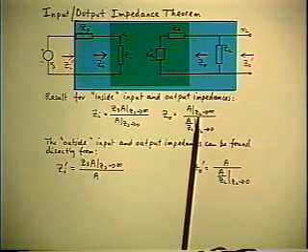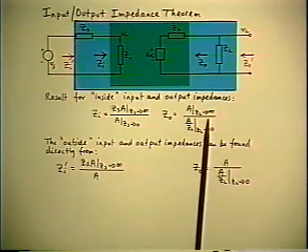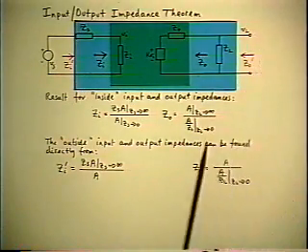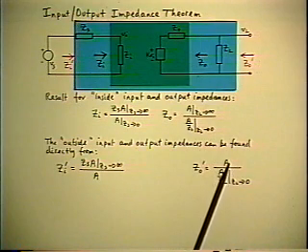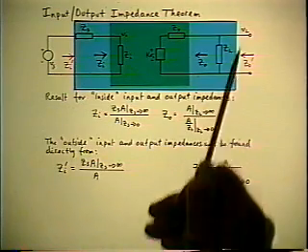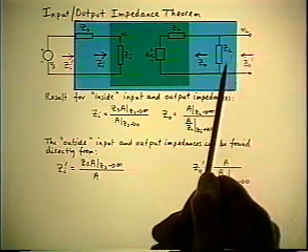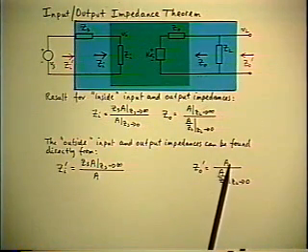The numerator of the formula simply came from the original open circuit output voltage divided by the VS. So if it's already open circuit, all I have to do is take the output voltage without the limit and divide it by VS. So VL over VS for the blue box is simply the original loaded gain of the green box. You don't have to take the limit.